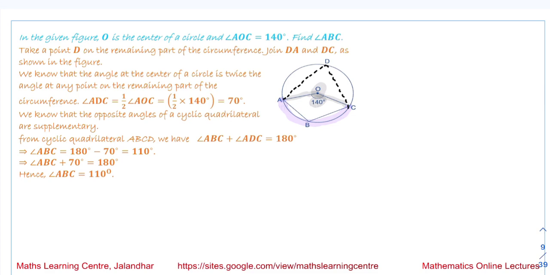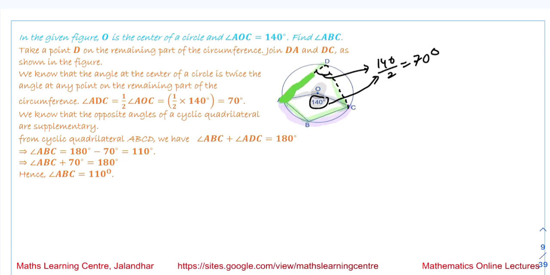We have considered a point D on this circle, and we have joined AD and DC. Then the value of this angle at D will be 140 by 2, that is equal to 70 degrees. This is the angle at the center, so the angle on the circle will be 70 degrees. Now look at this figure, ABCD.